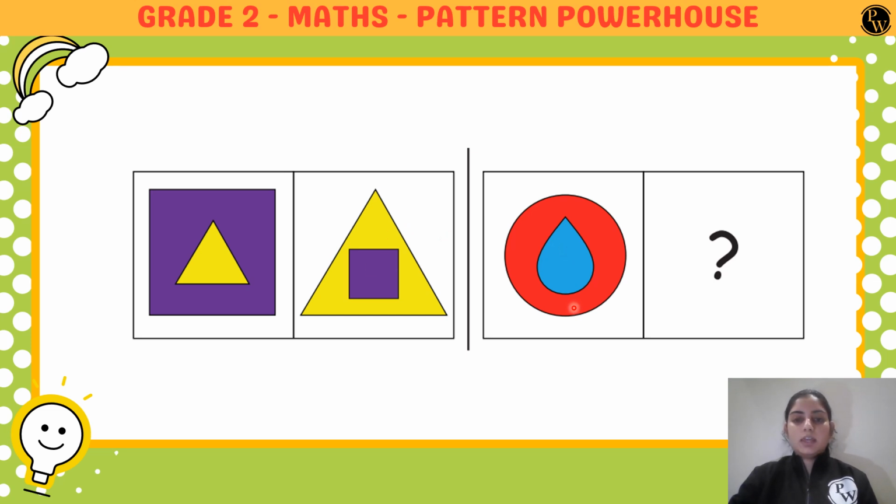So, in the same way, if we follow the same pattern, then what will we have? We will have this circle inside this drop shape, right? Correct. So, will it look like this? Correct. So, this will be the relation between these two sets, or we can say these two images.